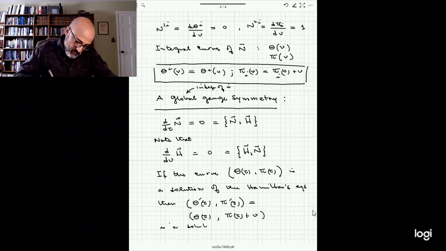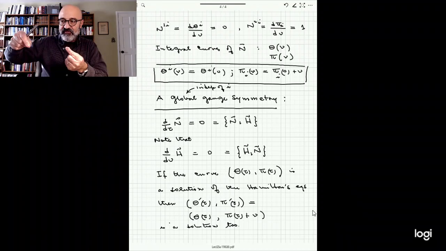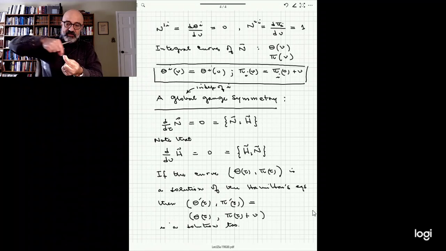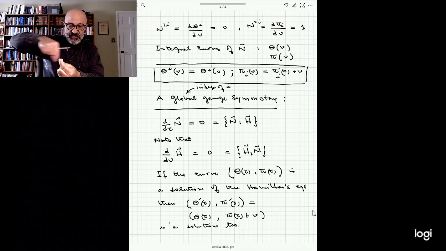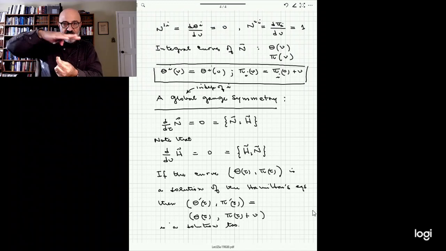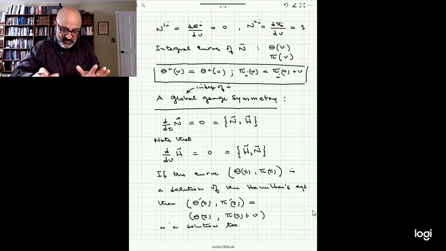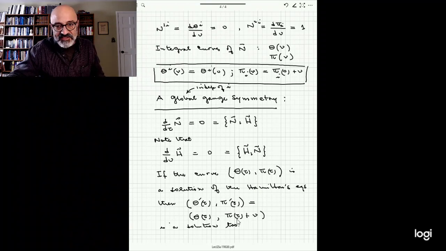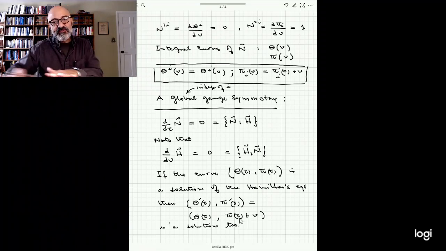That's exactly what we mean by a symmetry. If the planet goes around the sun in a particular ellipse, rotation invariance means that there is another ellipse that does the same thing when you just rotate, right? Well, here it's if you find one solution of Hamilton's equations, then there is another solution in which you just displace the momentum by a constant.